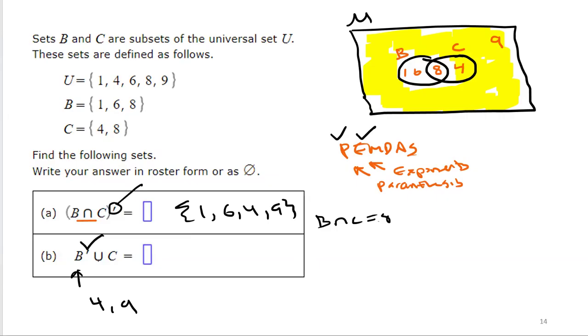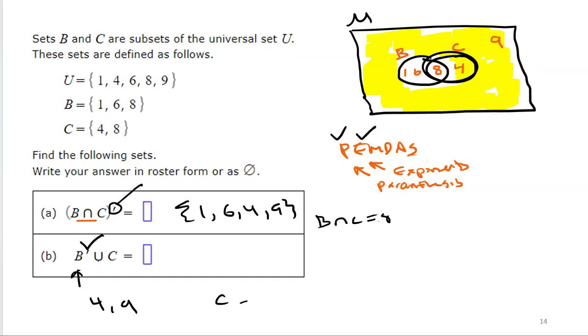Again, we already addressed B prime, that we want outside of B. So here's B, B prime is everything outside. And now we want union with C. What is C? Well, C is all of this, 8 and 4. So we already have 4, we just need to include 8.